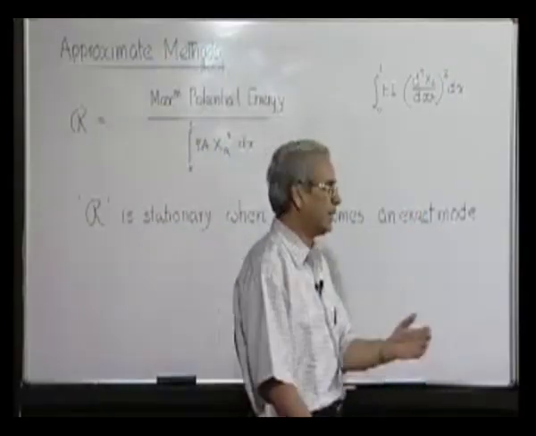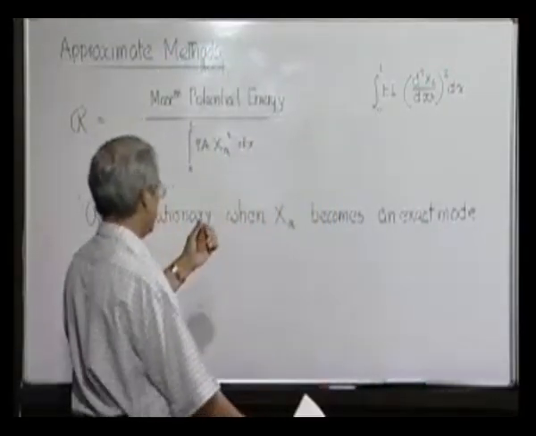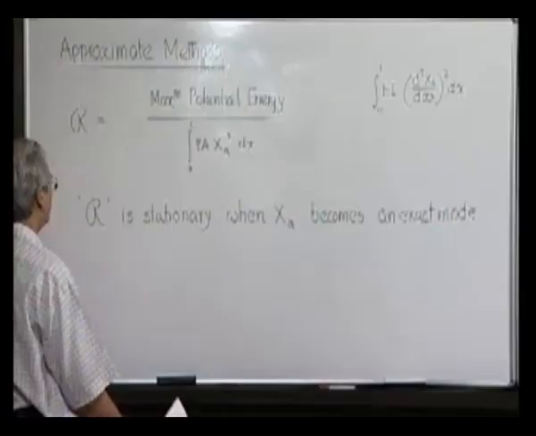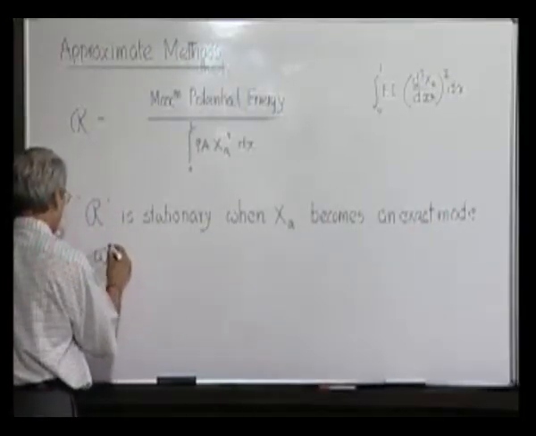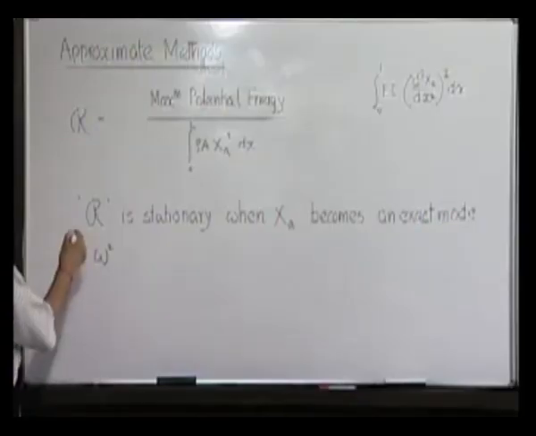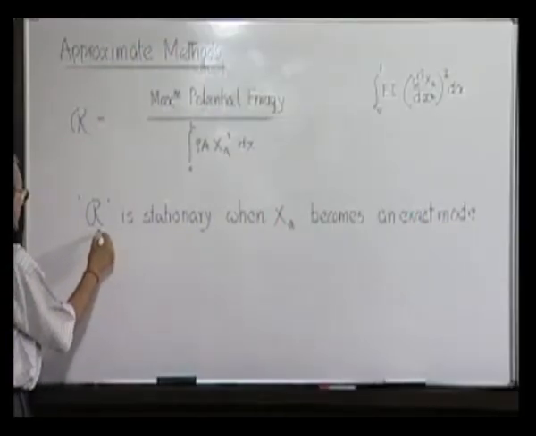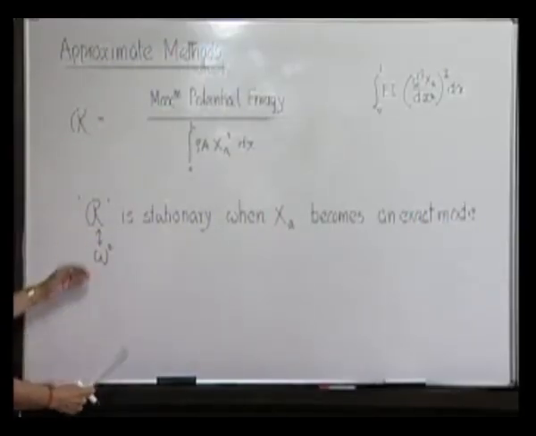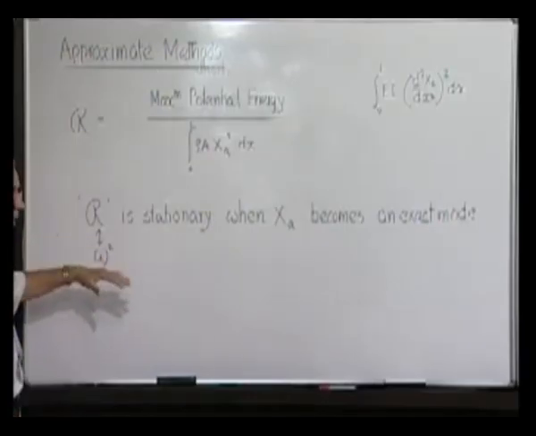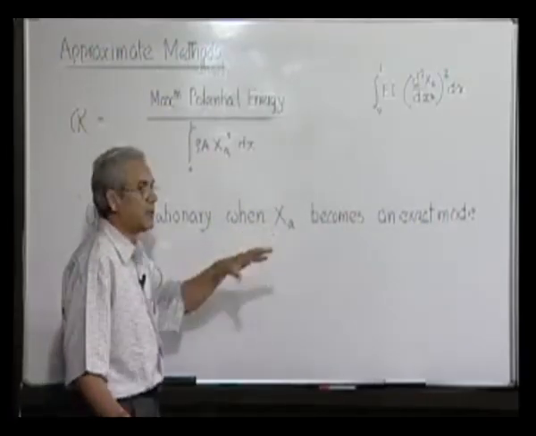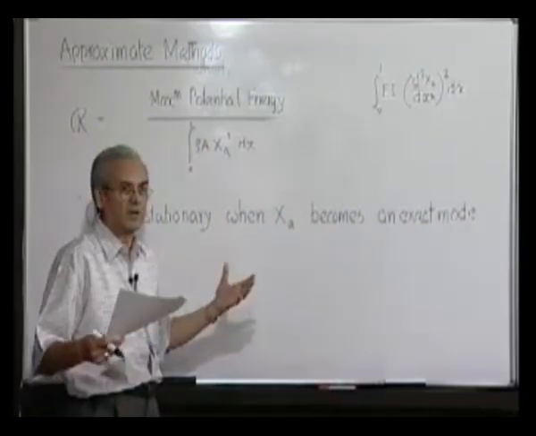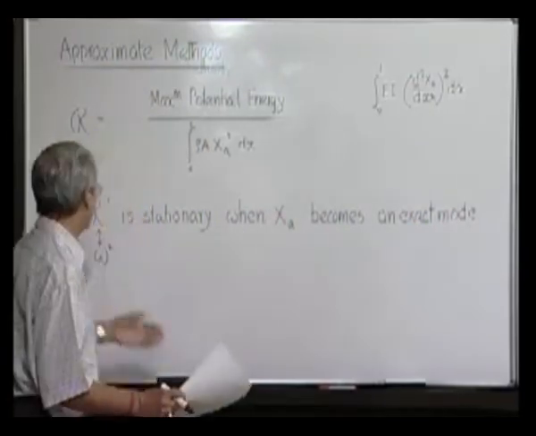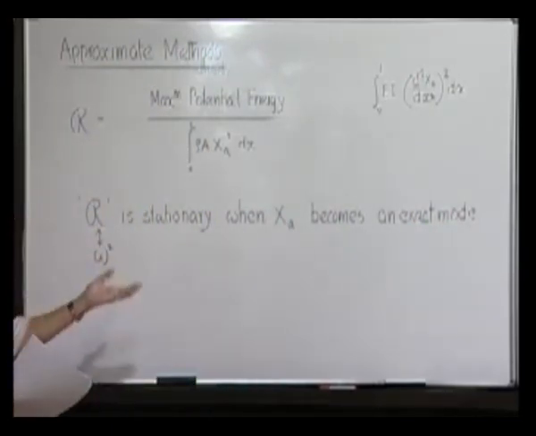That means it exactly coincides with the natural mode. So the omega square that we will get will become lower and lower as Xa becomes a better and better approximation, and when Xa becomes indistinguishable from the exact mode, then the real natural frequency will be the lowest.